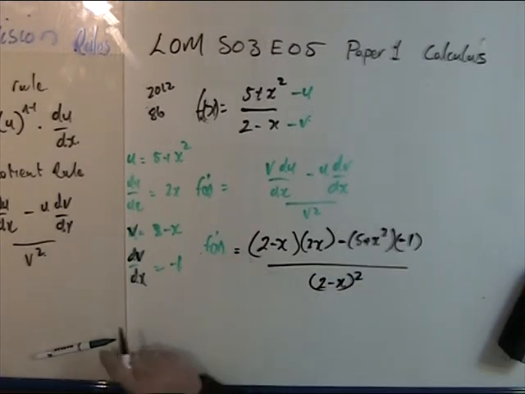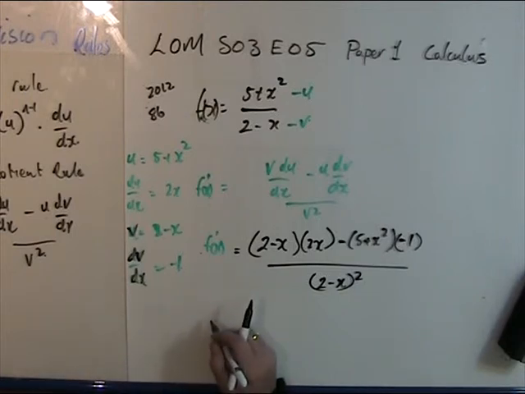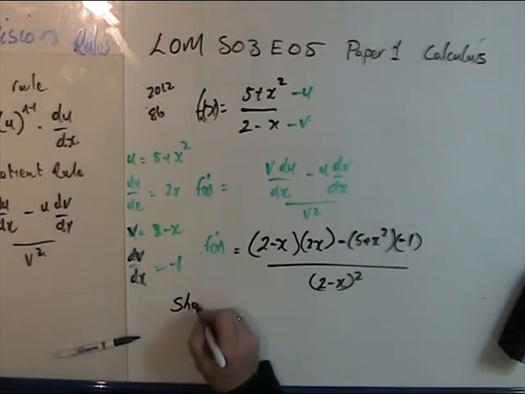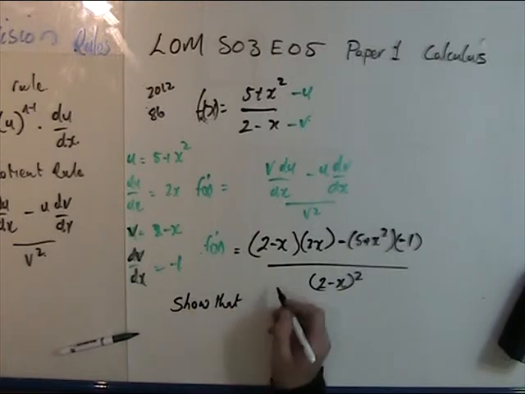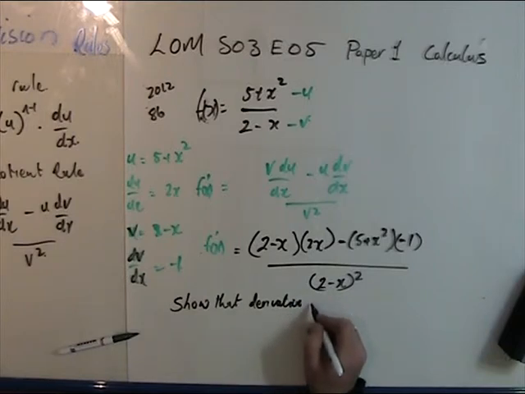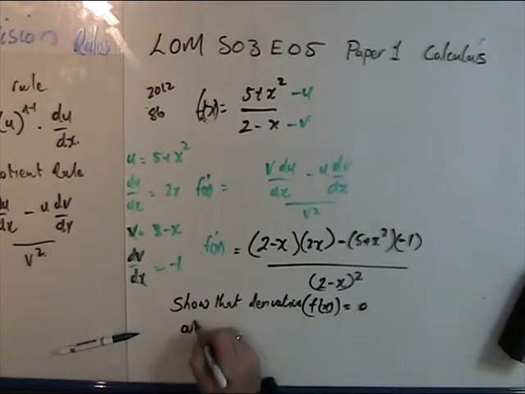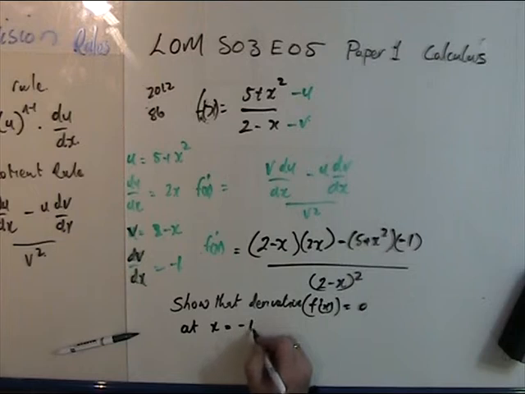So this is what it's all ending up to be, and it says find the derivative of it, which I've done, and the next part, show that the derivative f of x, the slope, is equal to 0 at x is equal to minus 1.